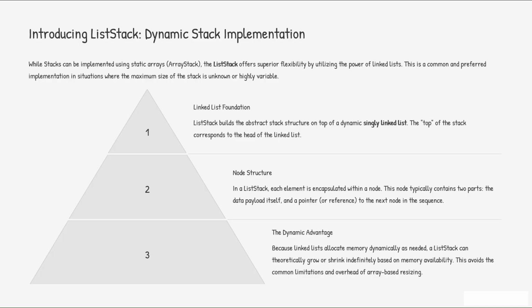Second, it can grow and shrink dynamically based only on the available system memory. Avoid overhead. This completely avoids the common limitation and overhead of array-based resizing, making operations generally faster and more reliable when stack size is unpredictable.